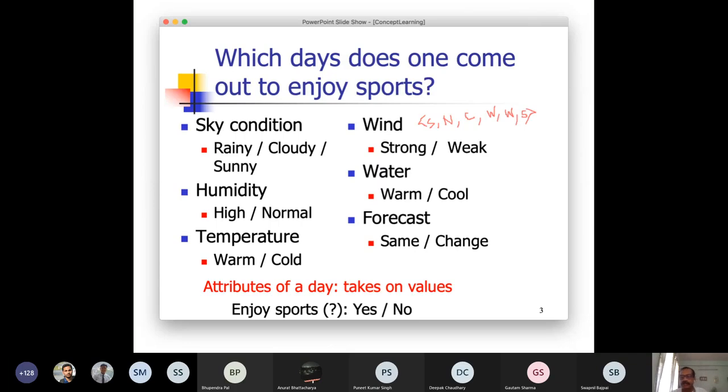It means the conjunction of all such literals: sky equals sunny, humidity equals normal, temperature equals cold, wind equals weak, water equals cool, and forecast equals sun. Now this is a hypothesis.